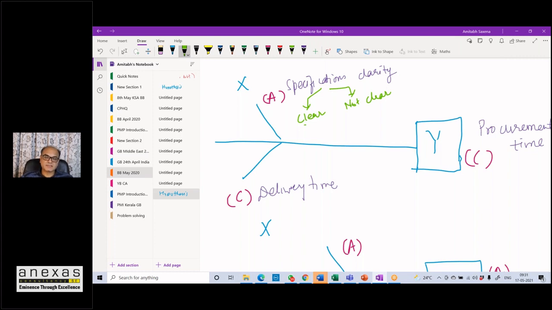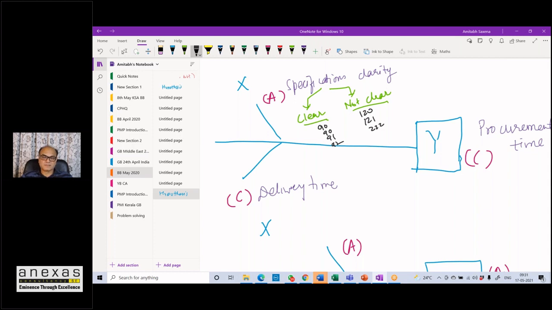So obviously we collected some data. And when the specifications are clear, the time was, let us say, 90, 90, 91, and 92. And when they were not clear, the time was 120, 121, 122. So specifications are clear, specifications are not clear.